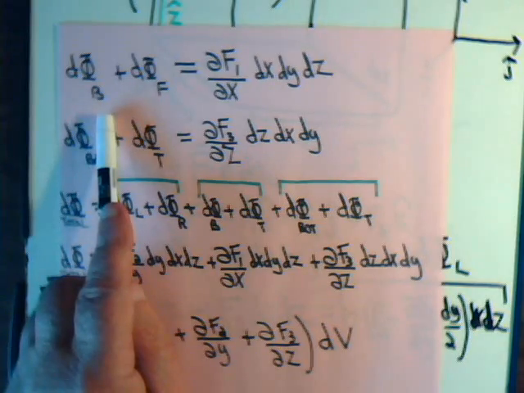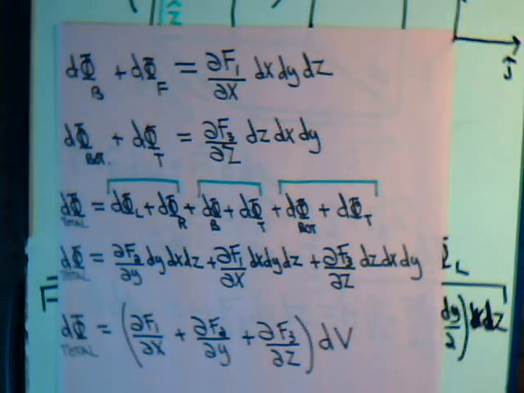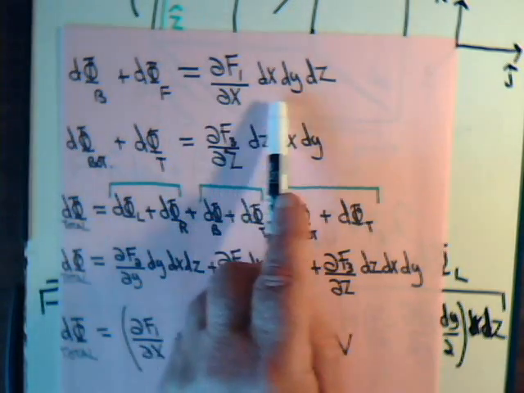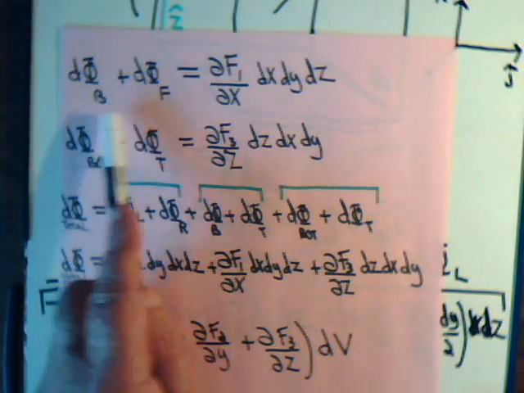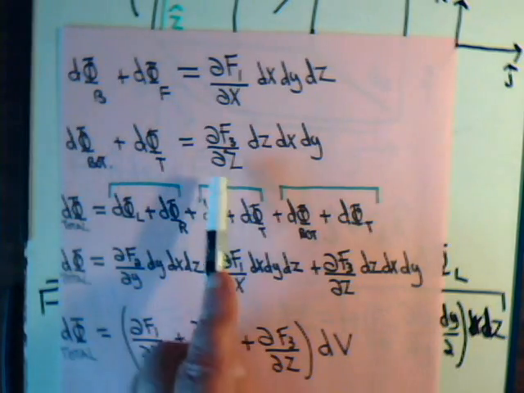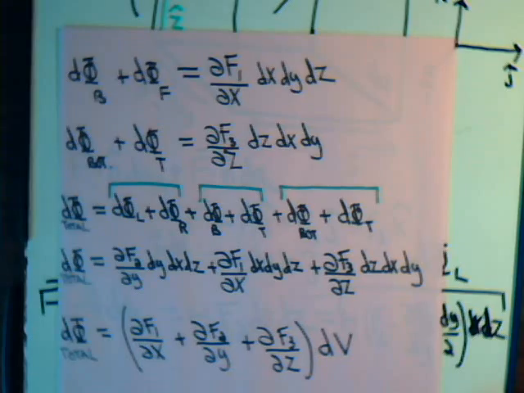For the bottom face plus the front differential face, the differential flux is this, and then this is the back face, this is the front face, this is the bottom face, and this is the top face, and that total differential flux is this expression.